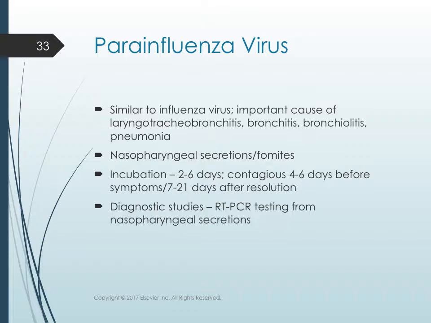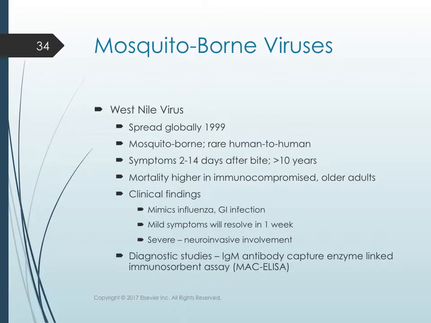And you can test for it like you can for RSV, but it isn't frequently done unless you had a really sick patient and you really need to know what was going on. But just so you know that there are other viruses out there that cause these types of illnesses.